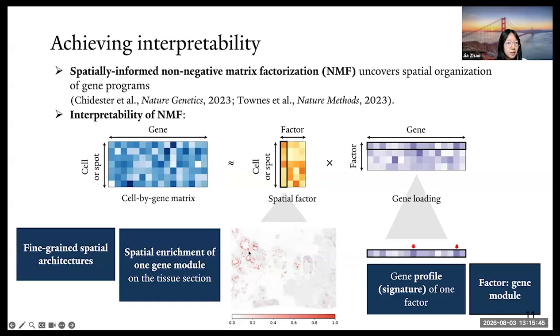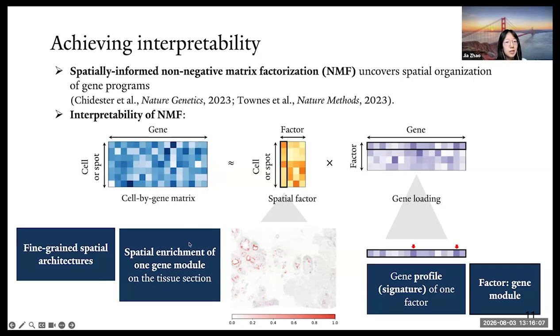Then what we can see is the spatial enrichment of that factor. Suppose we now know there are 5 genes forming a gene module for the factor, then we can use the GO analysis to know its biological meanings. And with the factor matrix, we can see the spatial enrichment pattern.